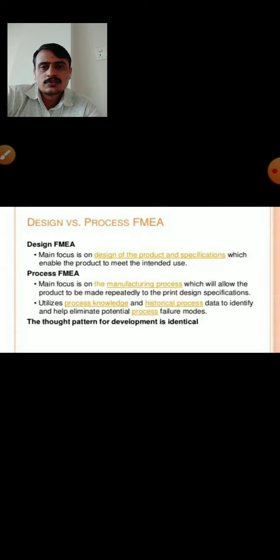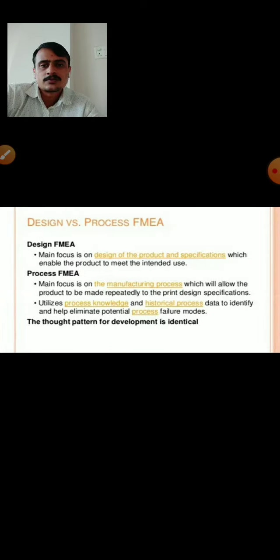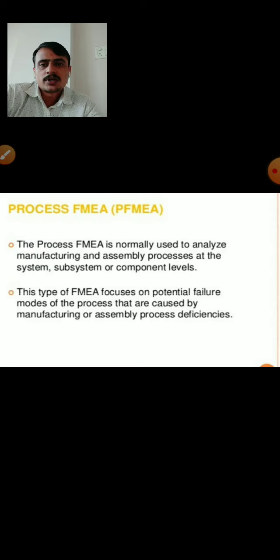That means here we see design versus process. Design mainly focuses on the design of the product and specification, and here we see three main levels: system, subsystem, and component. Process FMEA's main focus is on manufacturing processes, that means analyzing the manufacturing and assembly processes at system, subsystem, and component levels.